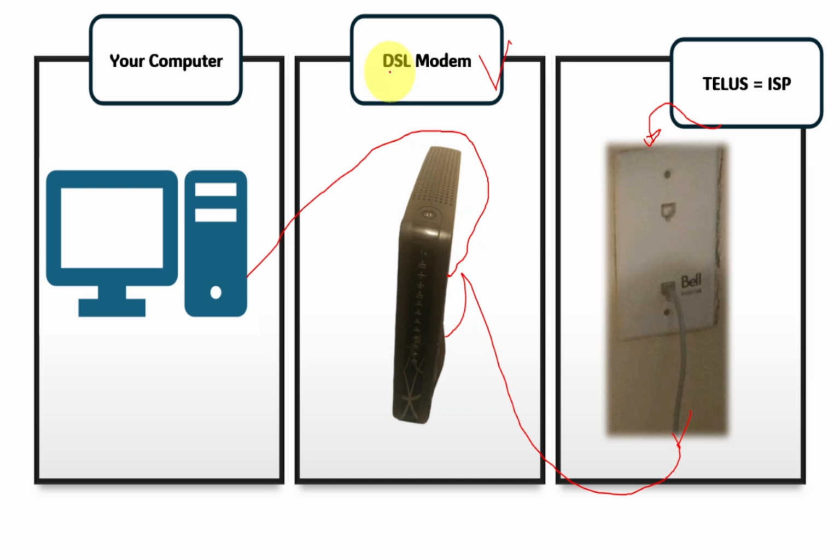Now, this one is a DSL modem, and this is your computer. What's going to happen? Let's say you want to go to www.google.com. Without the modem, you're going to struggle to go online, because it's the one who gives you the access.